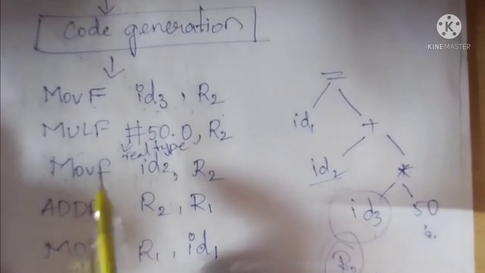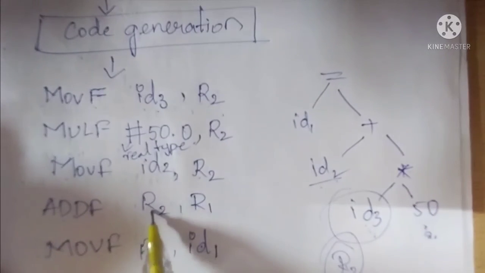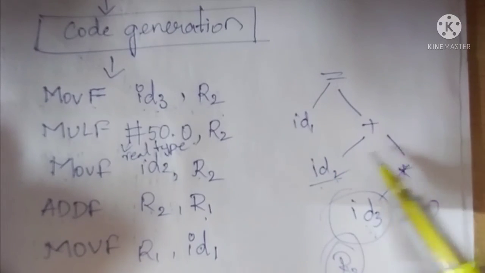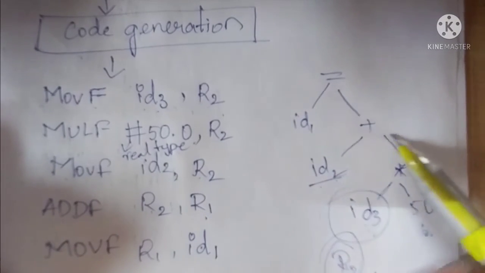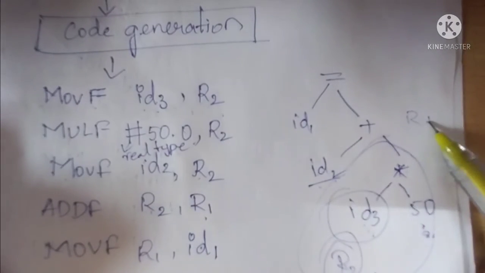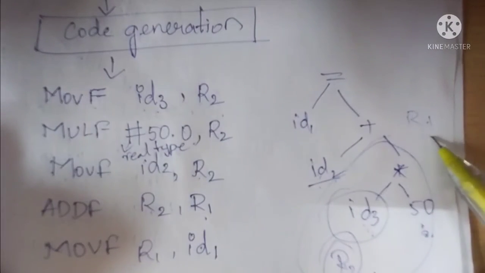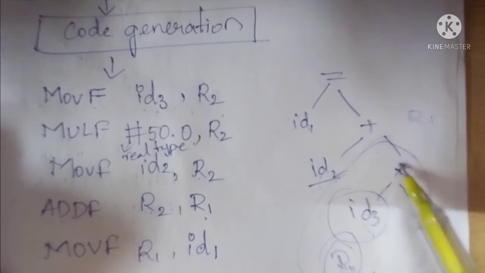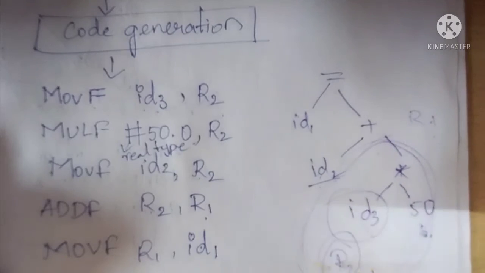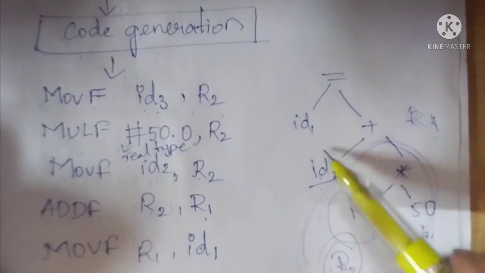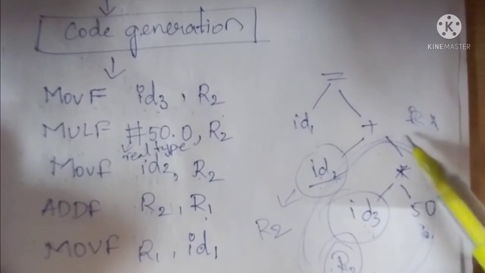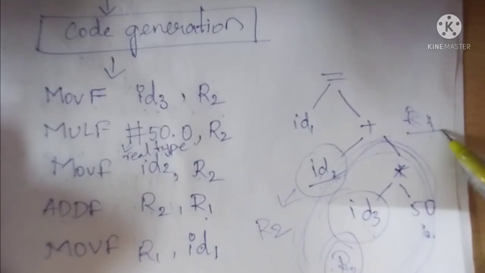Then add R2 and R1. Consider we are calling this R2, and this we are calling R1. So we are adding R1 and R2. After finishing this single step, we are taking this whole result in R1. This one we are storing already in R2. We are just assuming this total is in R1, sorry.